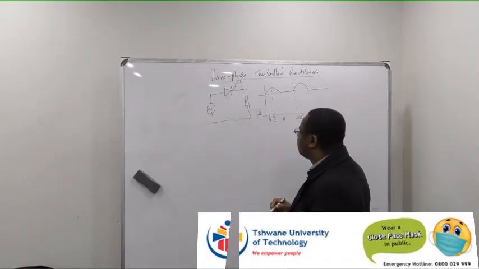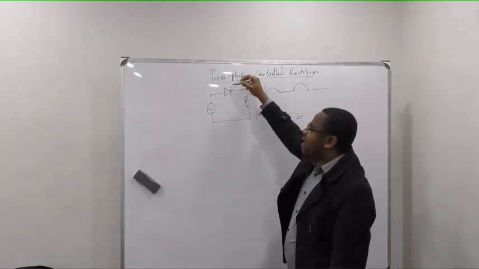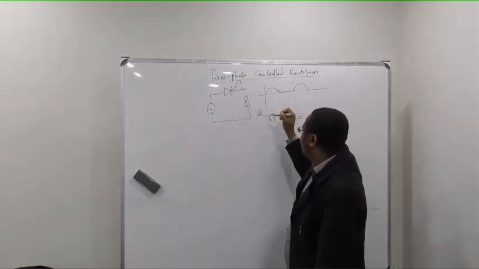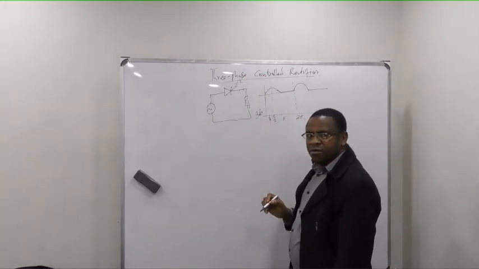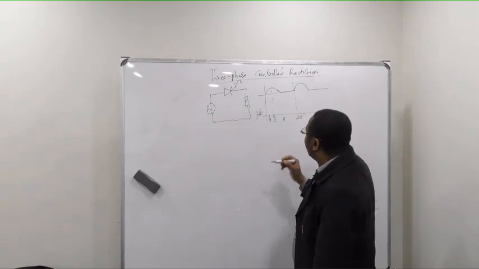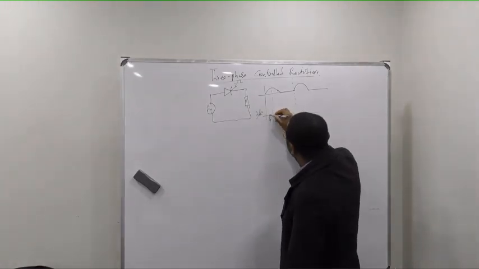If I want this to be fired at a firing angle of pi over 4, I'm going to come up with a signal that looks like that.